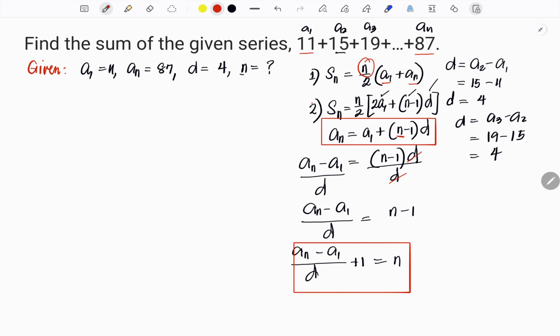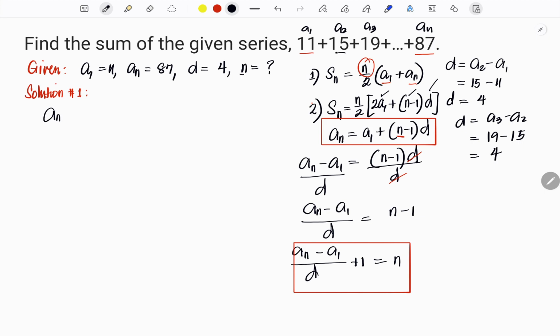Okay, so let me show you how to solve the value of n by substituting all the values directly to the arithmetic sequence formula. So let's have here solution number 1.